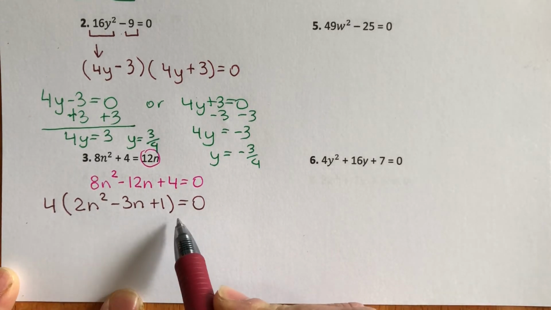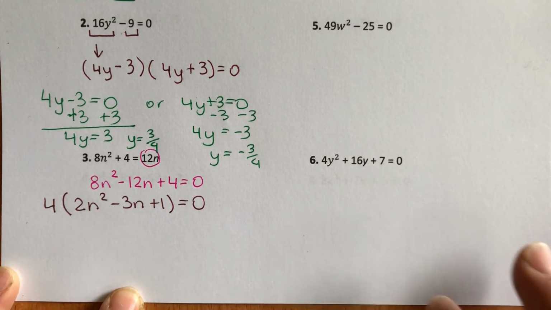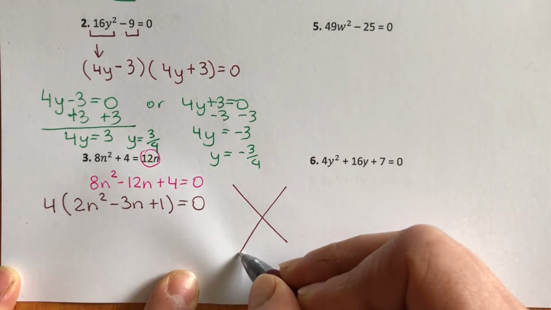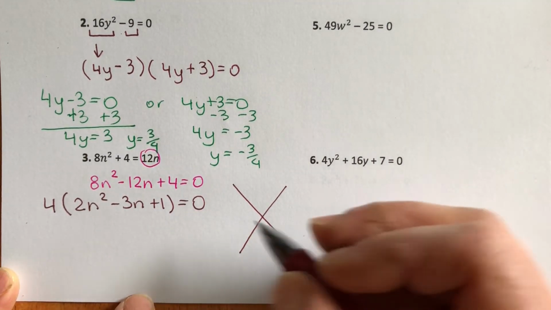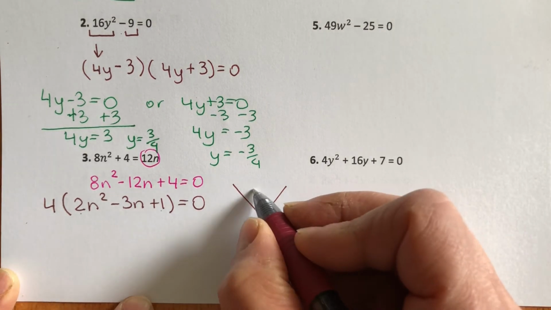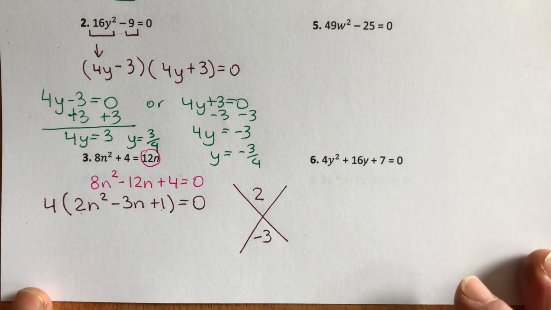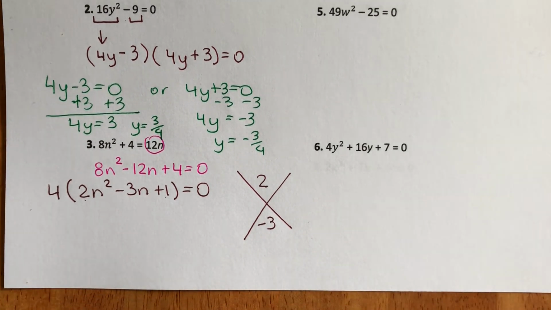Notice I have 3 terms, so now everybody should recall the x method. I will be looking for 2 numbers that multiply to 2 and add up to negative 3. Think about this for a second. Don't forget to think about the easiest examples.